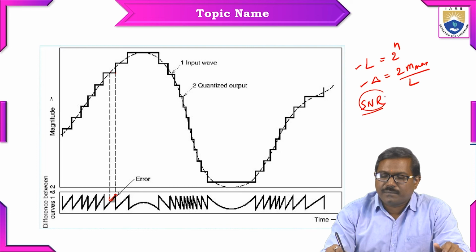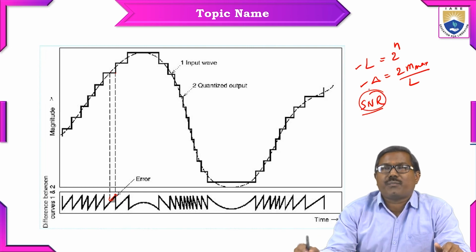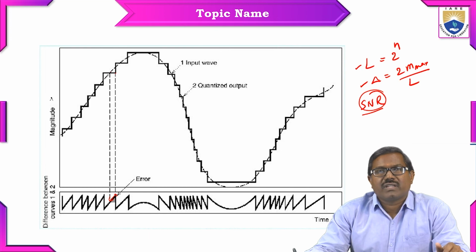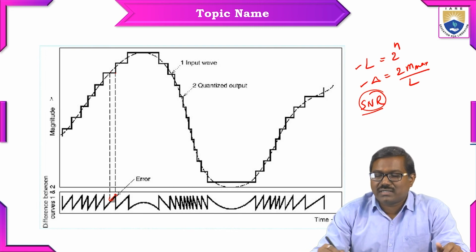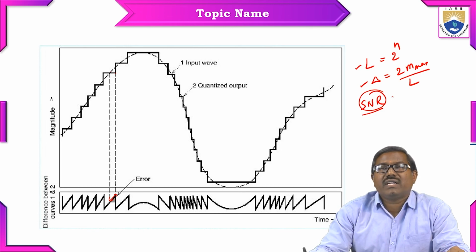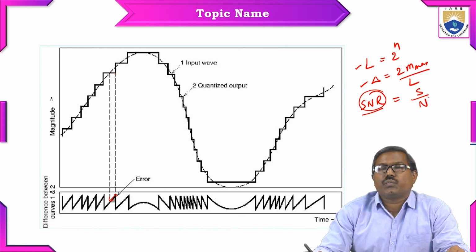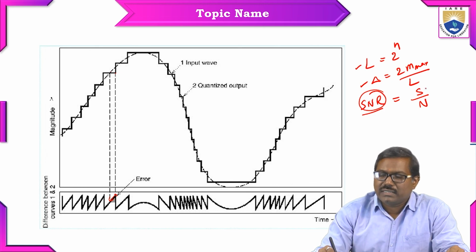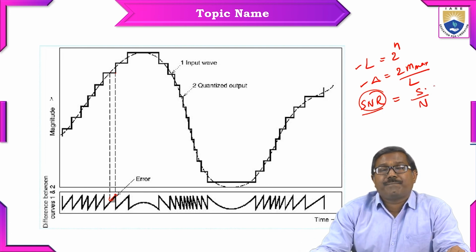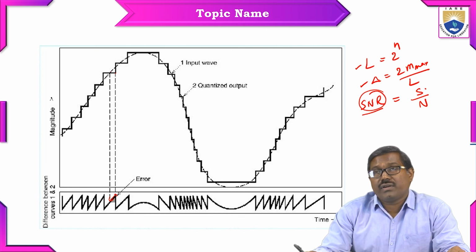So SNR, signal to noise ratio, gives the performance of the receiver. It shows the performance of the receiver and the quality of the signal. Here this is the signal. What I am using may be M of t or M of nTs, or V of nTs.